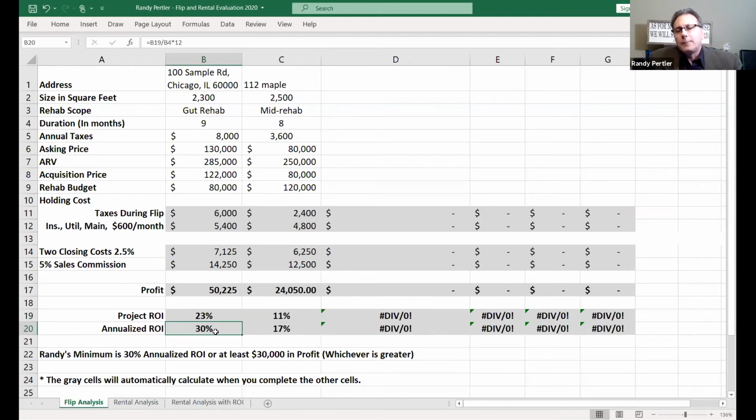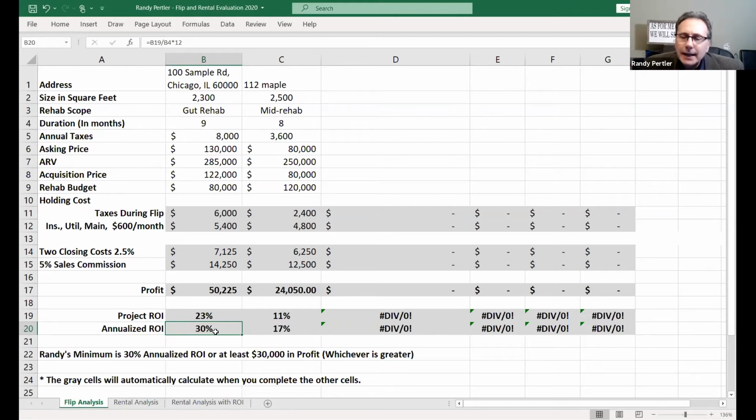I won't do a project, and I won't advise it to my LLC. I won't recommend a project unless we're going to make 30% annualized ROI. Why? Because I'm going to get 50% of that, and they're going to get 50% of that. I want them to make at least 15% on their money.